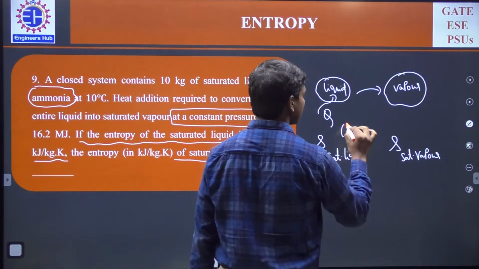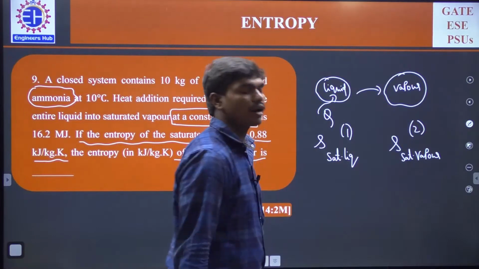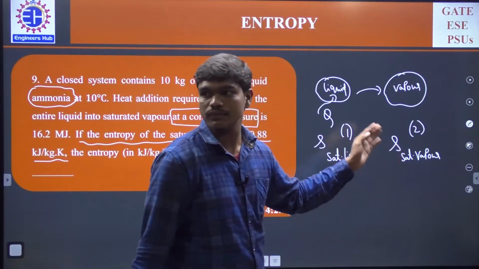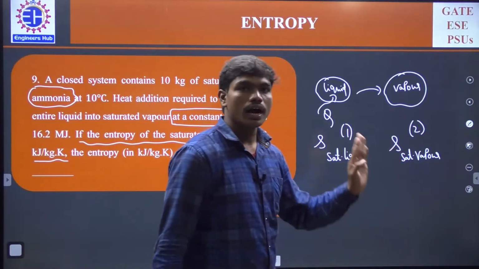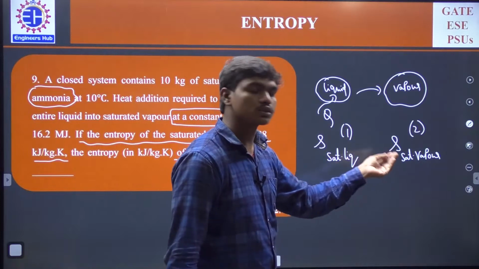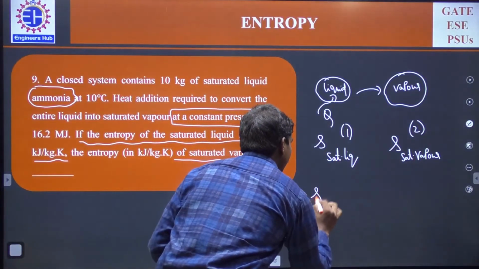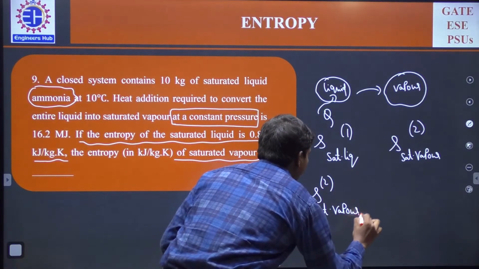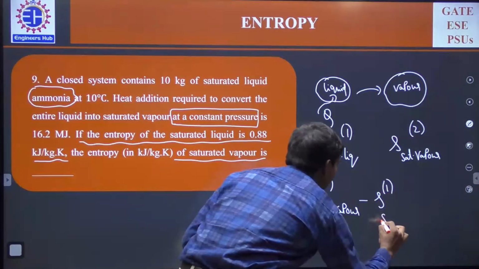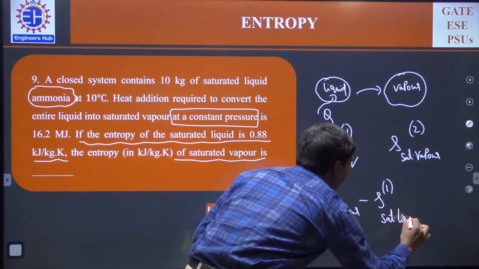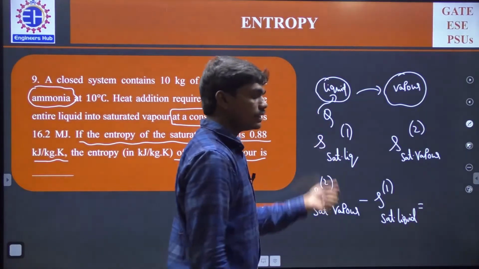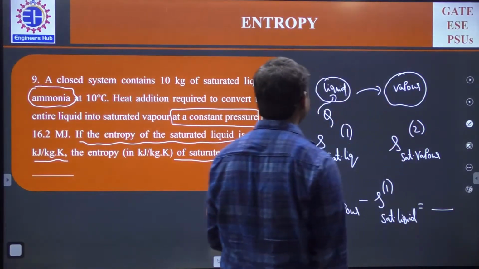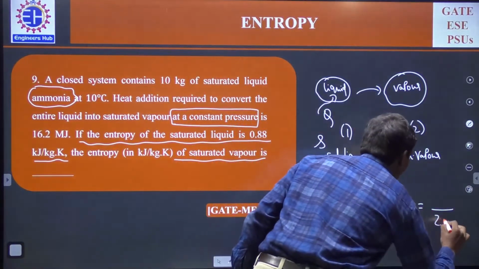So this is state 1 and this is state 2. While the system is changing its phase, it goes from state 1 to state 2. And I told you for phase changes, temperature is constant, which means I can write S2 for saturated vapor minus S1 for saturated liquid is equal to integral of Q by T, and since temperature is constant, it is given as 10 degrees centigrade, so this is 283 Kelvin.